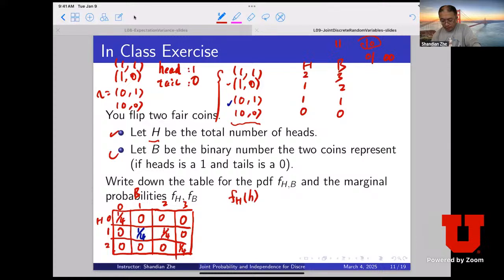For H only, we can also take a look at here. H is 0, 1, 2, right? So this is a PDF. This is the probability that H takes a particular value. So when H is 0, what is the PDF for H?